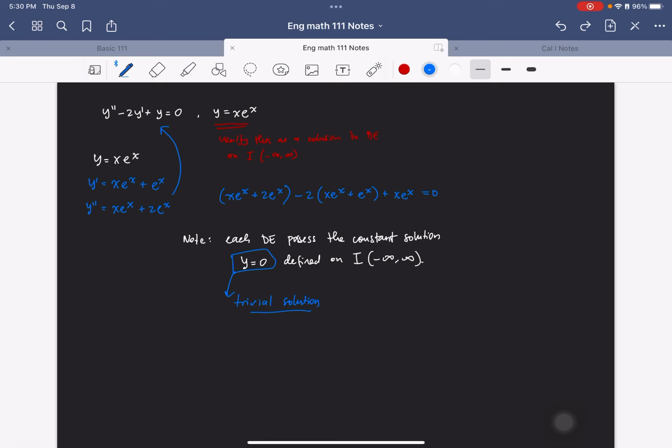So the way we start the chapter on the engineering of math is by differential equations.